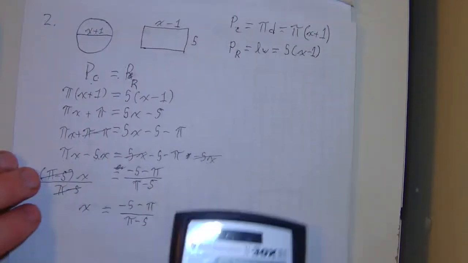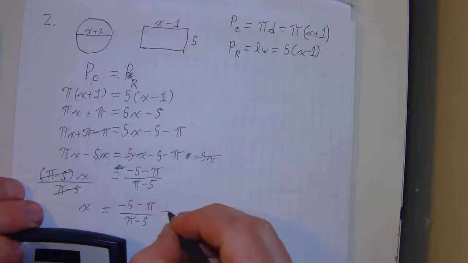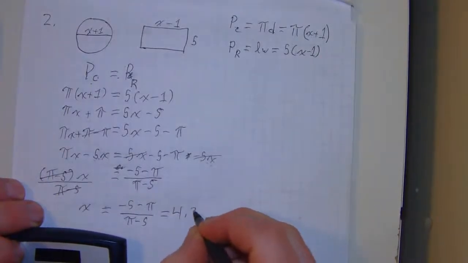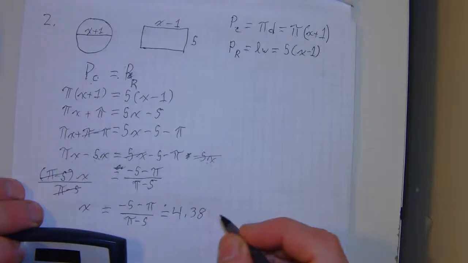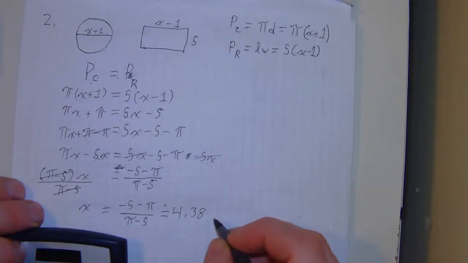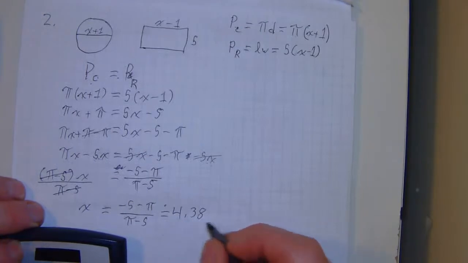So actually it does work out to a positive number. Okay, good. So we got 4.38 approximately. And since we don't have units here, it's just going to be 4.38.